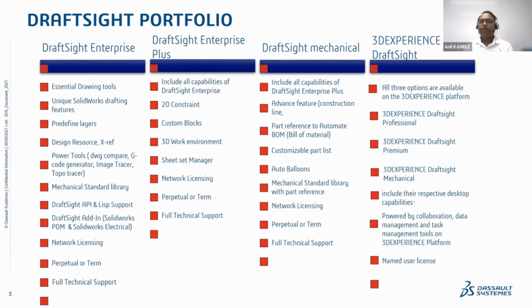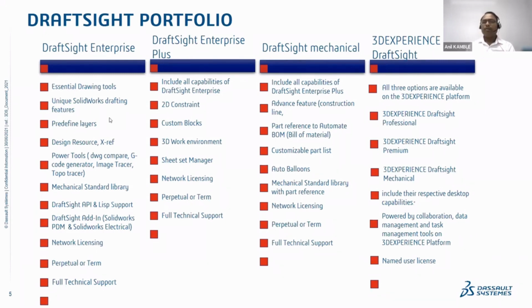Now these three products are the desktop network license offerings. The fourth one, 3DEXPERIENCE DraftSight, which comes as a named user license, is available on the 3DEXPERIENCE platform. For those who don't know, the 3DEXPERIENCE platform is a business experience platform which helps to connect people, ideas, and data. The products available on the 3DEXPERIENCE platform are 3DEXPERIENCE DraftSight Professional, Premium, and Mechanical.